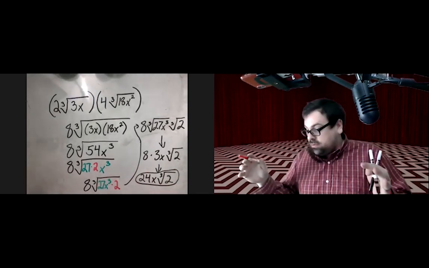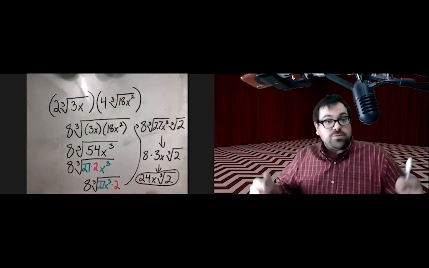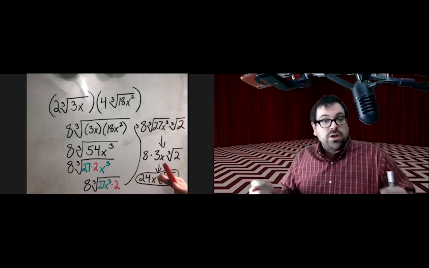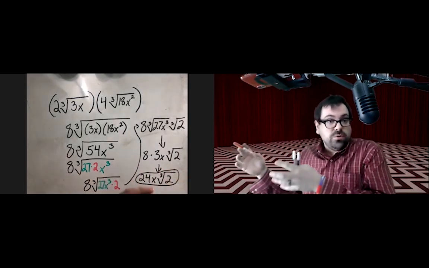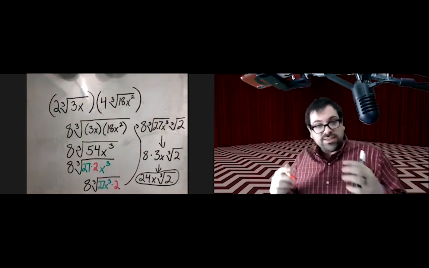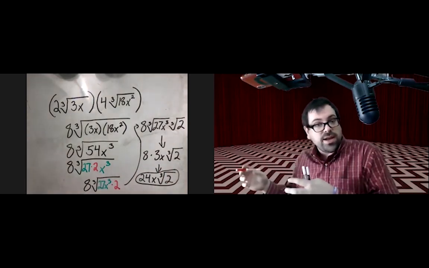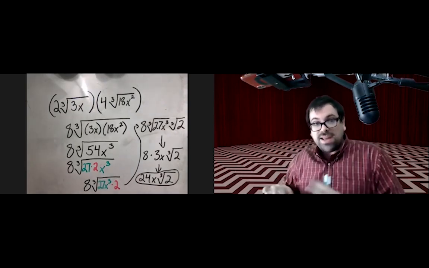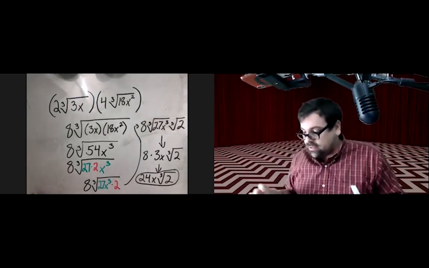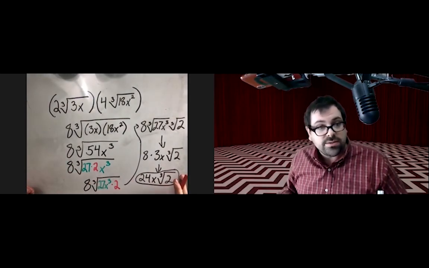Now everything about adding, subtracting, and multiplying radicals, you need to know, because if we ever see radicals moving forward, and we will, not just in this class, but also the next math course past this, you're expected to know how to do all this.